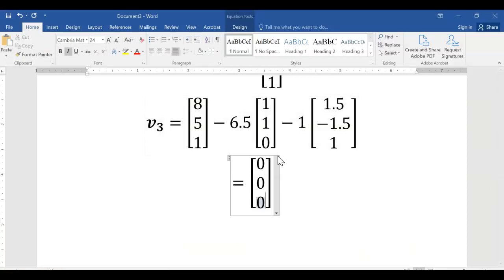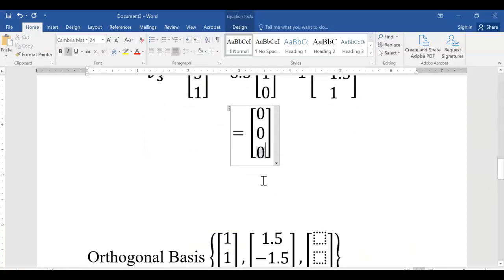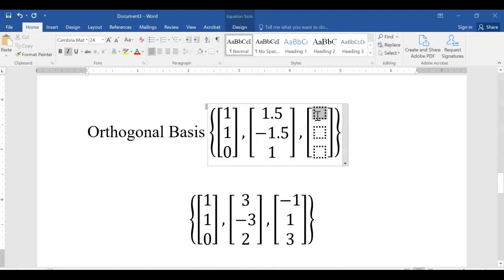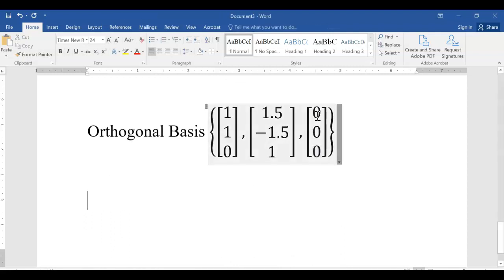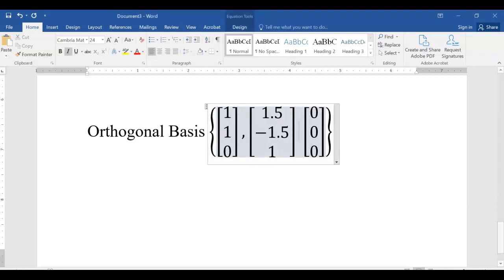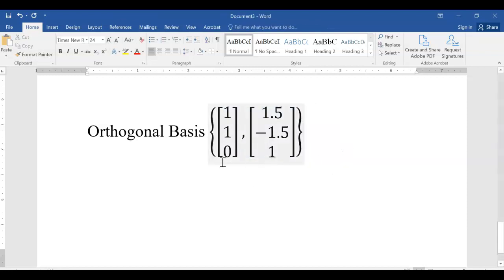So we had 0, 0, 0. We obviously cannot use 0, 0, 0 in a set with a basis. So we say an orthogonal basis is just these two, the set containing these two vectors. So our subspace W only had dimension 2.